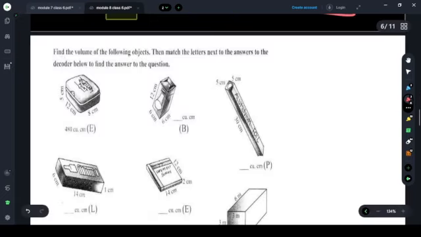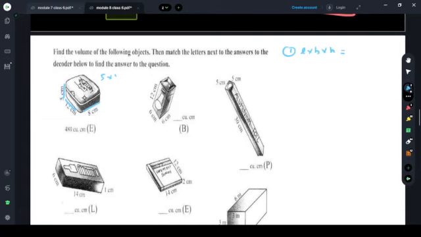Okay, understood? Now you have to find out the volume of these figures. First we will find it for this one, 5 into 12 into 8. Here you can see L, B and this is H. So for the first, L into B into H. I am not writing what is L, what is B, what is H here.